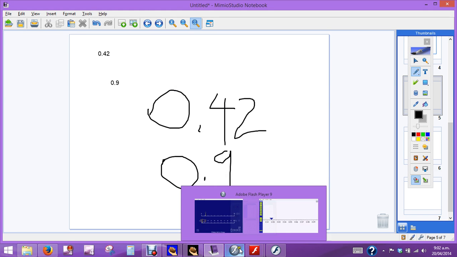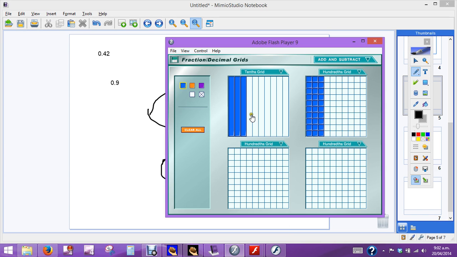So if we can have a look at that, over here I've got my tenths grid, and I've got 0.4. Let's turn it into a hundredths grid. I've got 4 tenths, which looks like that, and 2 hundredths. So that one there is 0.42.